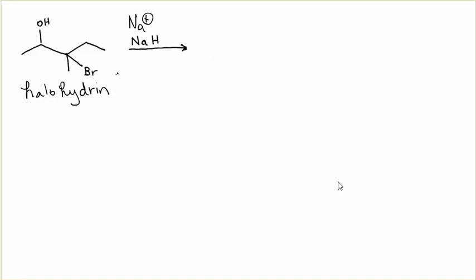Sodium hydride is a really, really strong base. Alcohols react with strong bases to become deprotonated. So again, we're going to pull off the proton. The electrons that were in the bond between the oxygen and the hydrogen get localized on the oxygen. We form an alkoxide.